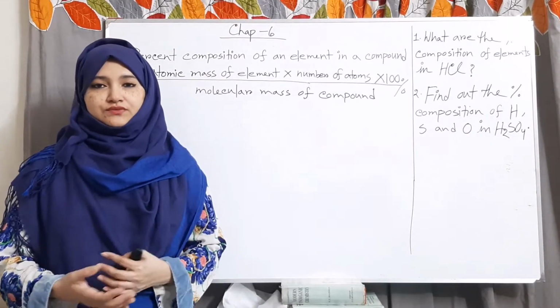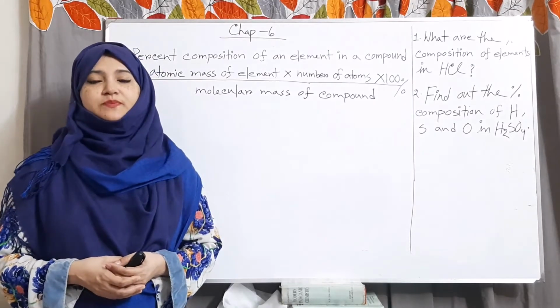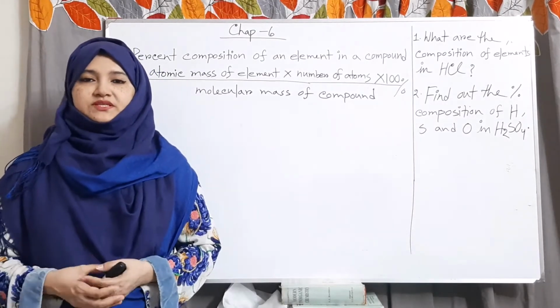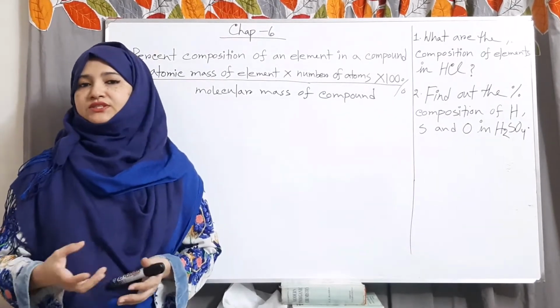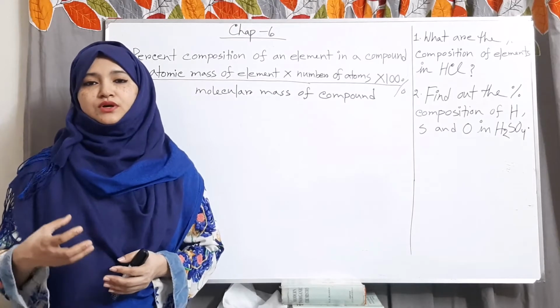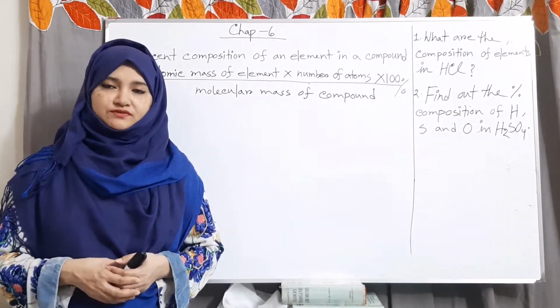Today at first I will discuss a very easy topic of chapter 6, which is percent composition. What is percent composition? The gram measurement of an element present in 100 gram of any compound is known as the percent composition of that element.